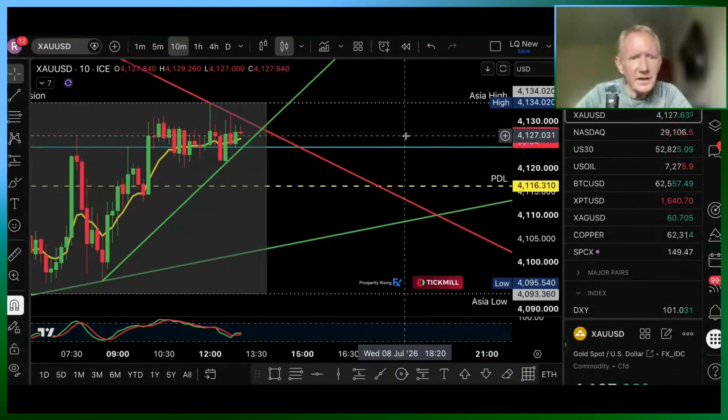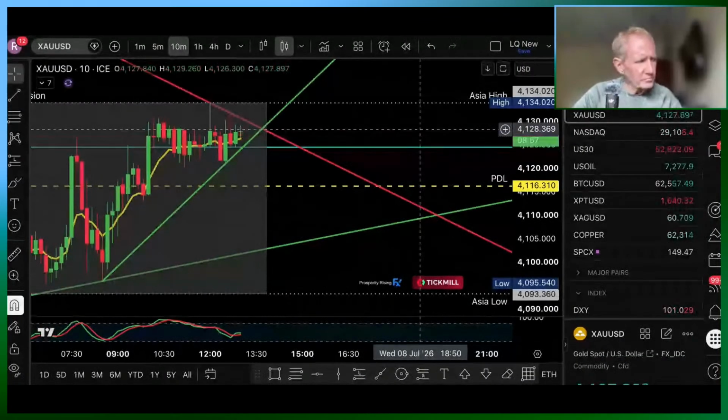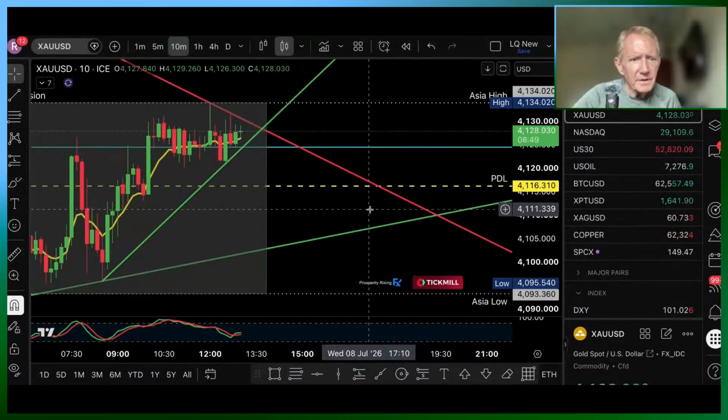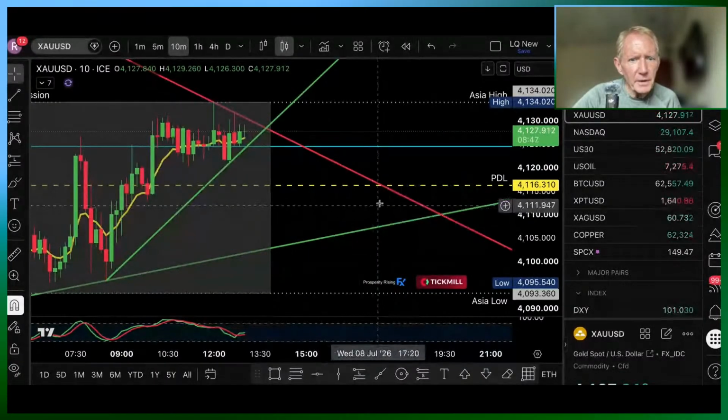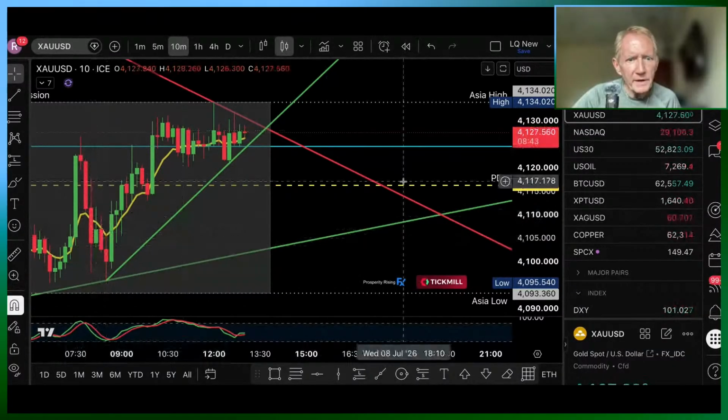So I'll stay here for one more candle and let's see what it's going to do. I'm a little bit hesitant. I'm not really all that excited about taking a trade. I passed my prop firm challenge this morning and I'm feeling good about that with the trade I had over here in the Shanghai opening.